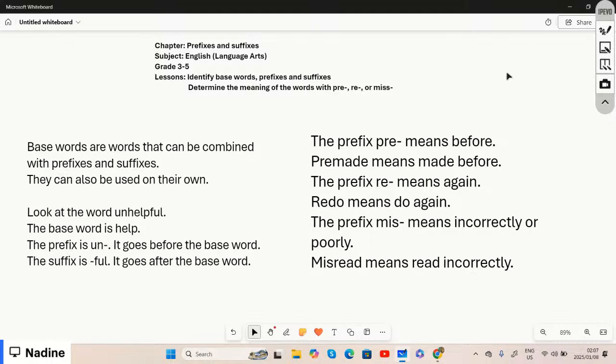All right. So when it comes to prefixes and suffixes, we have a base word. Before we even think of prefixes, before we think of suffixes, we have a base word. And this base word is a word that can stand on its own.